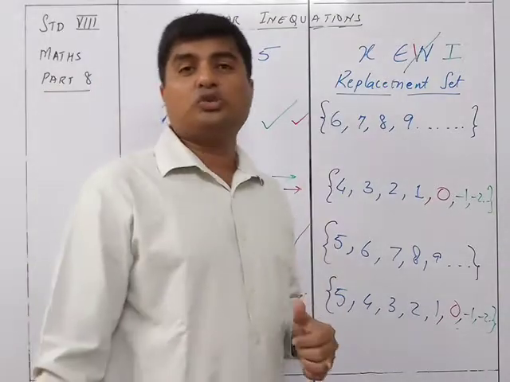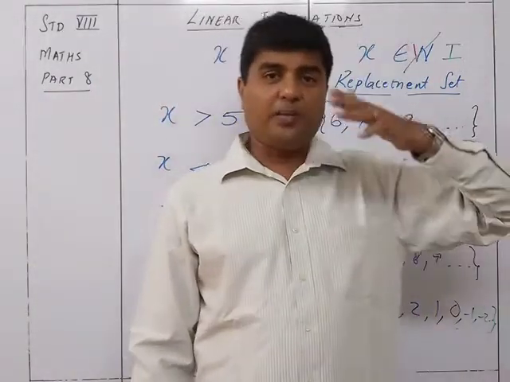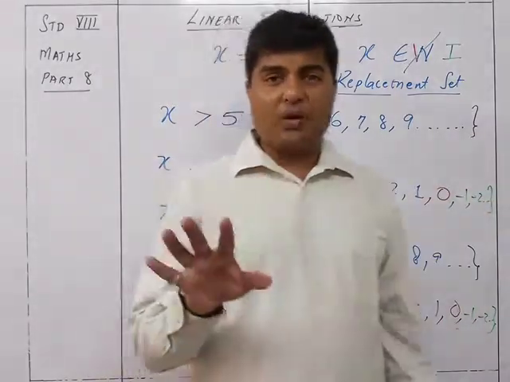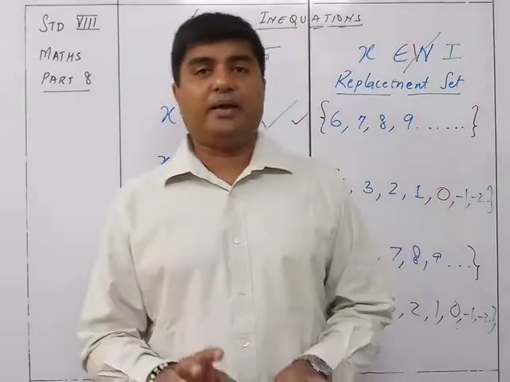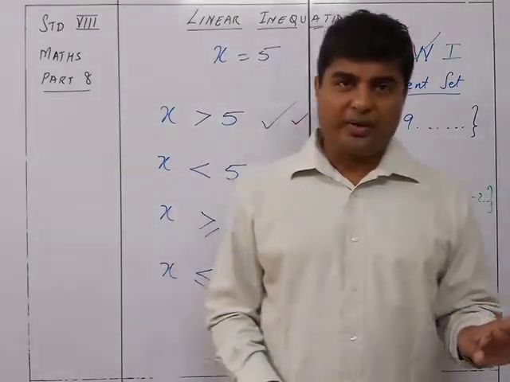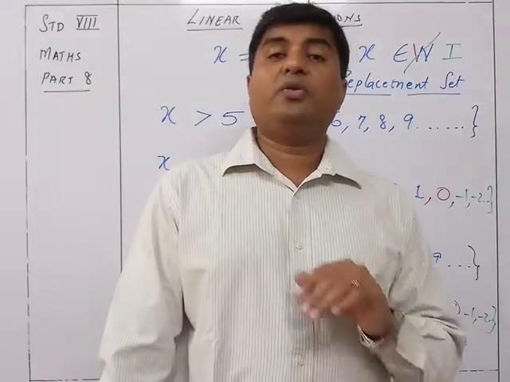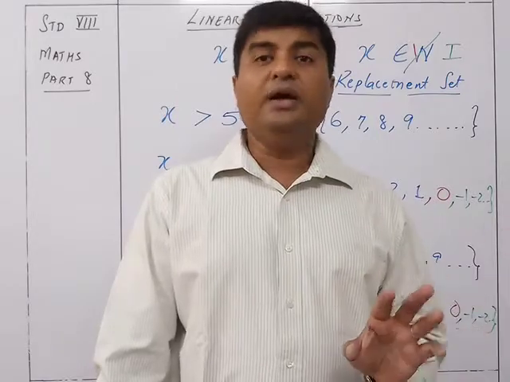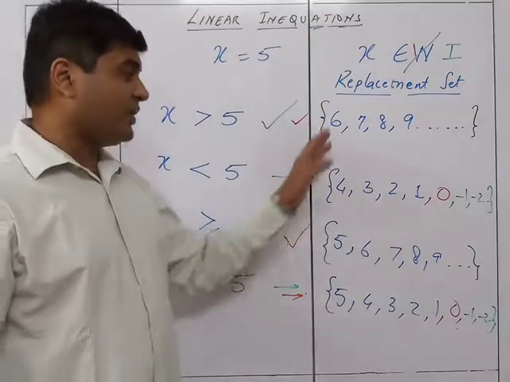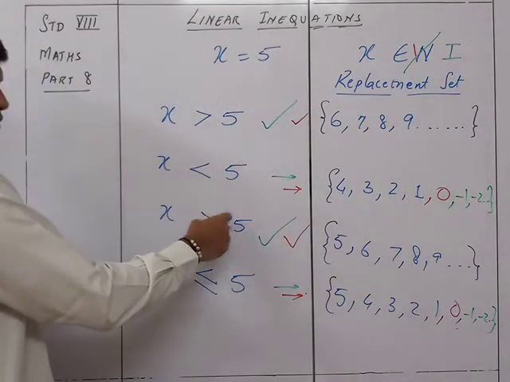If x belongs to only natural numbers, 0 and all the negative numbers before it won't be counted. If it is a whole number, then 0 will be there, but all the negative numbers are not going to be considered. And if it is integers, then you have to take all the negative numbers and the positive side also. So accordingly, you will have a different set of answers for different kinds of signs shown here in the equations.